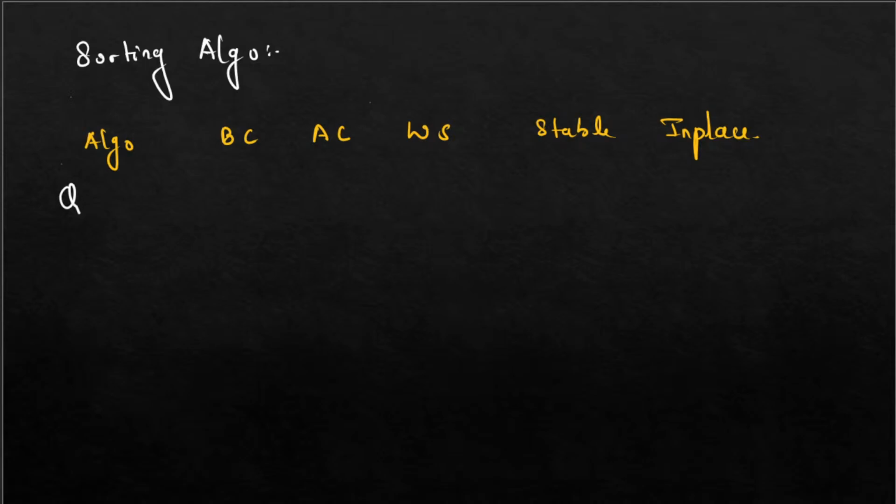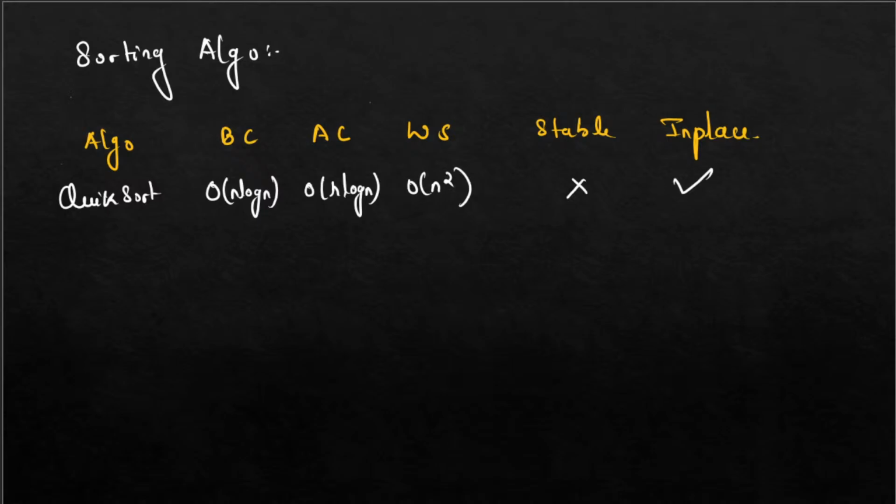Now if we talk about quick sort, the best case is n log n, average case is n log n, and worst case is n square. This is not stable but in place.